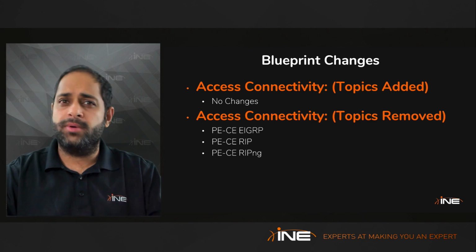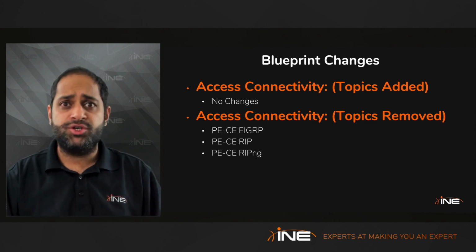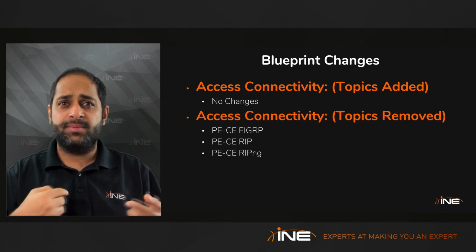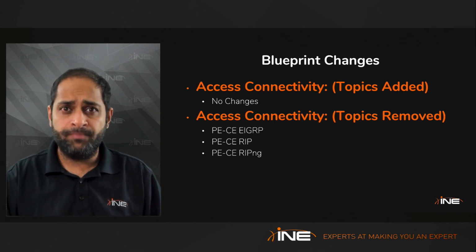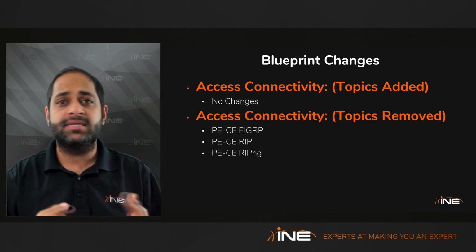The only change was that the PE-CE routing protocol EIGRP was removed. So you don't have EIGRP or RIPng as the PE-CE routing protocol. The only routing protocols that you can expect in the new blueprint would be either OSPF, IS-IS, or BGP.